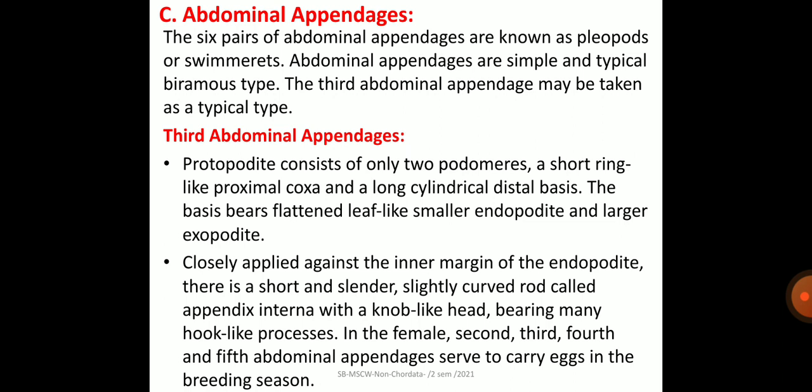You can even see in this particular slide the information about the abdominal appendages, where you can mention, since there are 6 segments in the abdomen region, they have 6 pairs of abdominal appendages known as pleopods or swimmerets. These abdominal appendages are simple and typical and may be taken as a typical type of appendage, which is called biramous type.